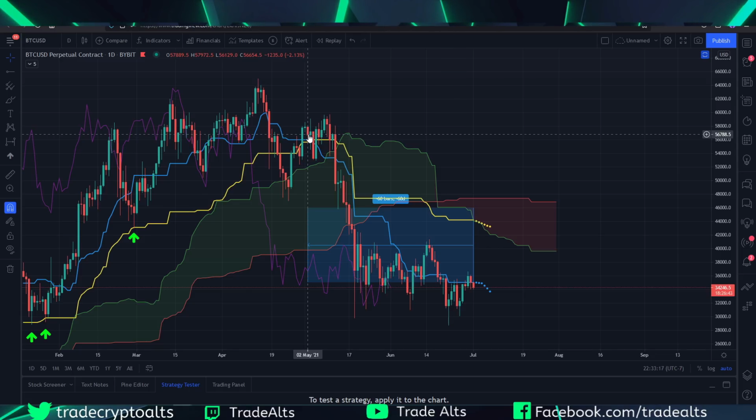So what am I getting at? Well, you know how this is calculated, where you take your highest high and your lowest low for the past 60 days, divide it by 2, and that is your Kijun. You see it's literally right in the middle of this high and this low. 50% retracement.